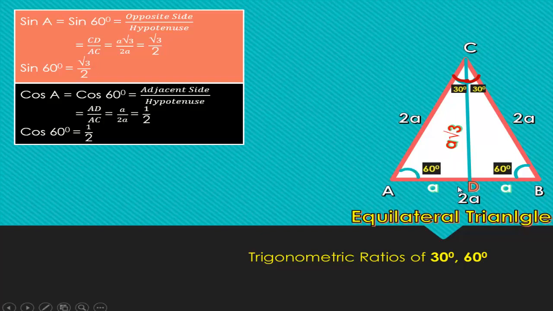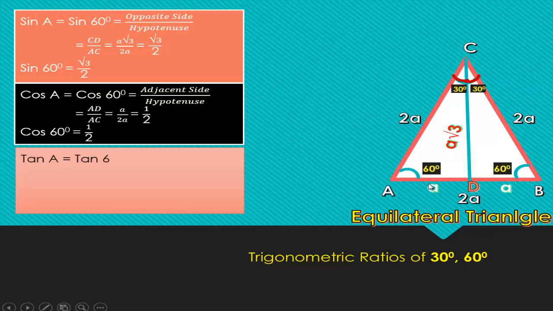Tan 60 means opposite side by adjacent side. That is opposite side means CD, adjacent side means AD. CD by AD, that is A root 3 by A. A gets cancelled, it remains root 3. Therefore, tan 60 equal to root 3.